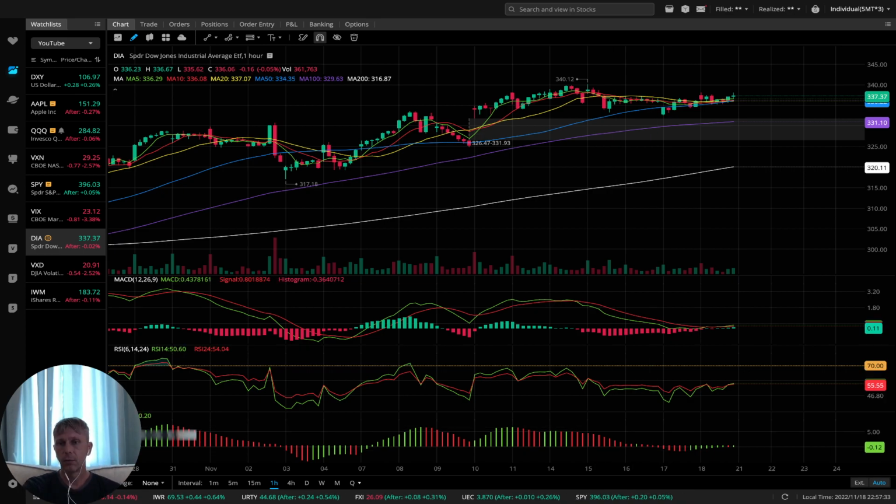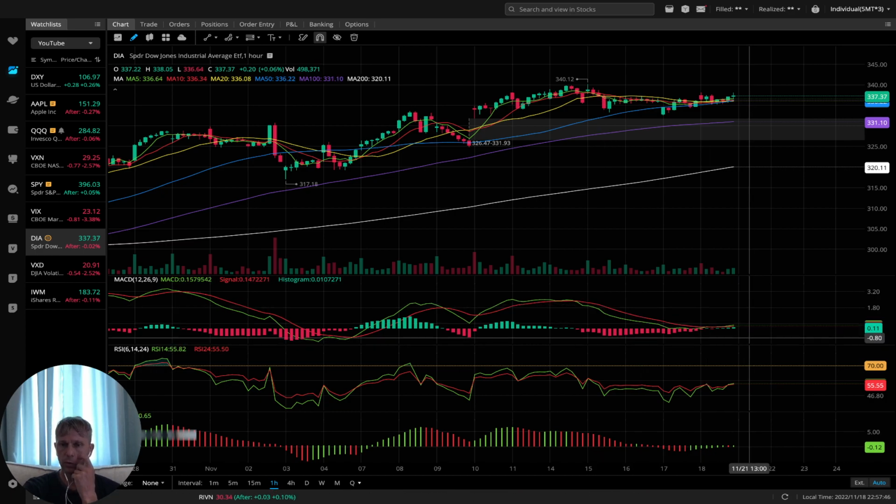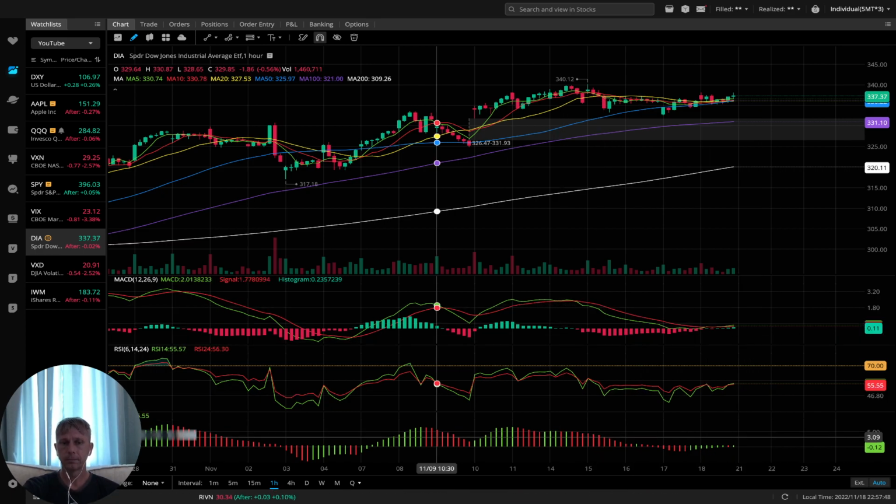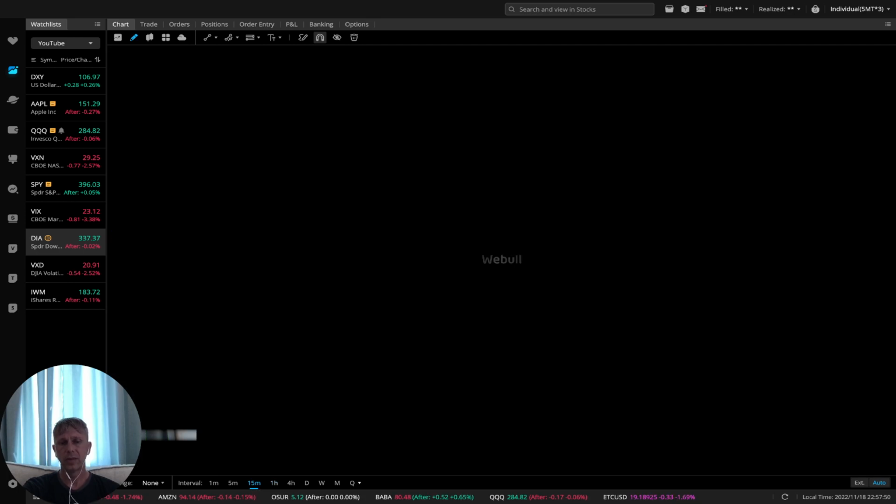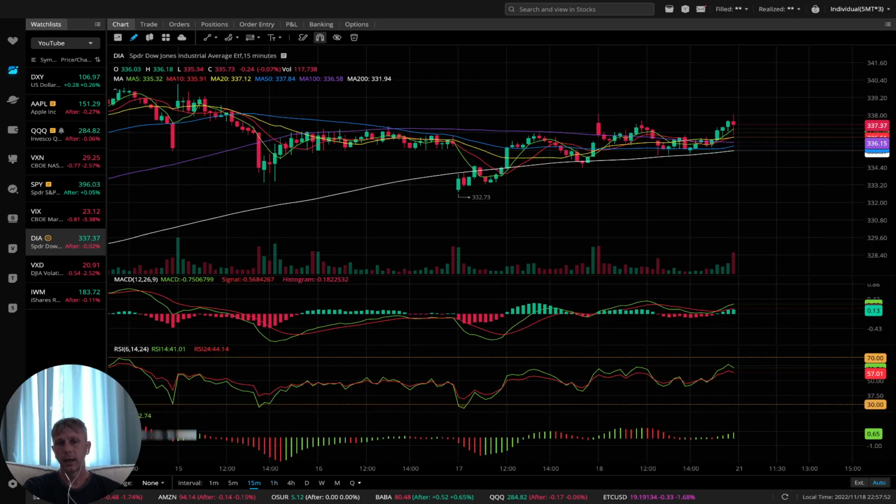Like this one, for daily, it did some bounce, but it's not strong. From the zero line, maybe it will bounce a little bit, but because it has bearish divergence, it will go down. For daily trading, I'm using 1 hour, 15 and 5 minutes. For swing trading, I'm using 4 hours and daily.